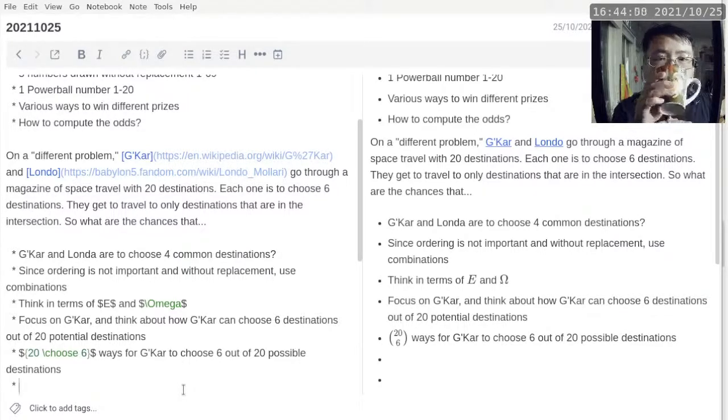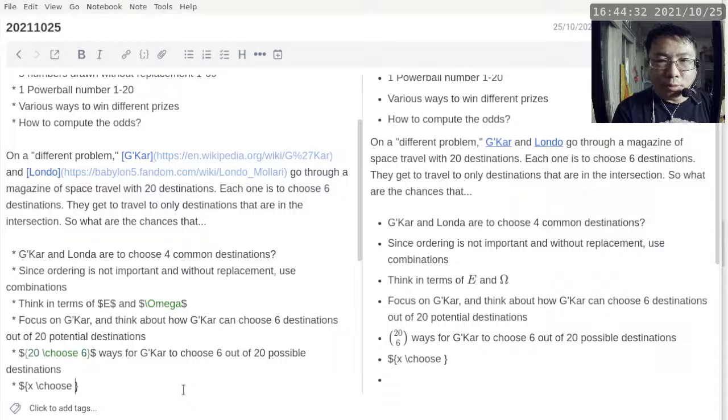Choose 4. Okay, so we know we're dealing with something choose 4, but we also know there's a something choose 2, because remember, there are 2 destinations that are not in common, right? So I'm going to propose something like this. We are looking at something that is, I'm going to put an X here because we don't know exactly what to put in the place of X. So X is a placeholder.